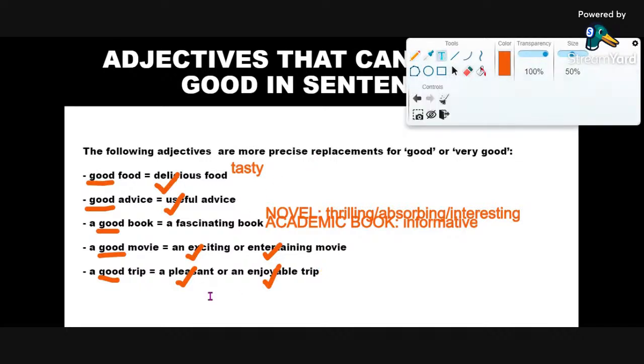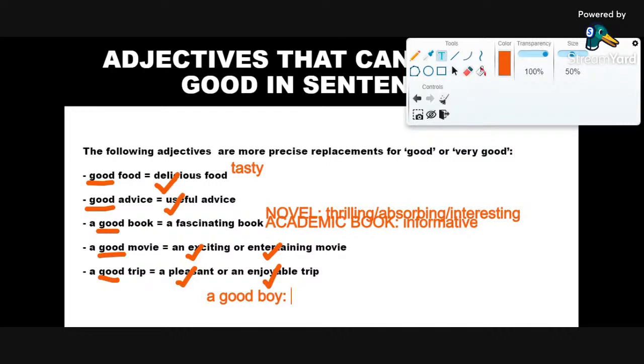Now, if you are describing a boy, for example, and you simply say a good boy, again, somebody raises the question, is it in terms of his moral behavior? Then you can say a well-behaved boy. Is it in terms of his being obedient to his parents? Then you can say an obedient boy. Is it in terms of his physical looks, that you can describe him as a good-looking boy or a handsome boy?